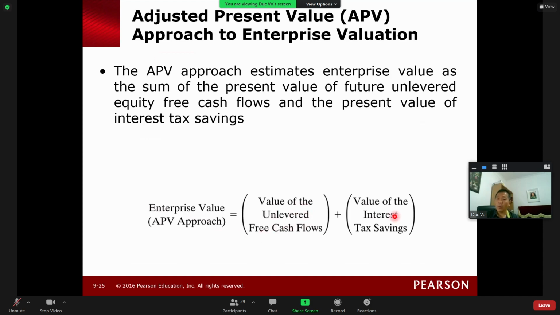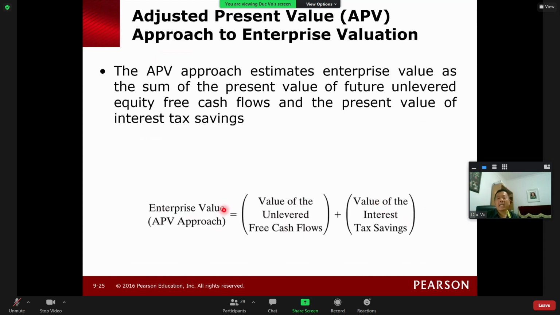And then the second one is the value of the interest tax saving. What does that mean? Because you borrow money, the interest expense becomes tax deductible. So you need to work out the value of your interest tax saving. If you remember from corporate finance, it is simply T times D times the interest rate: the interest expense times the tax rate represents the value of your interest tax saving.